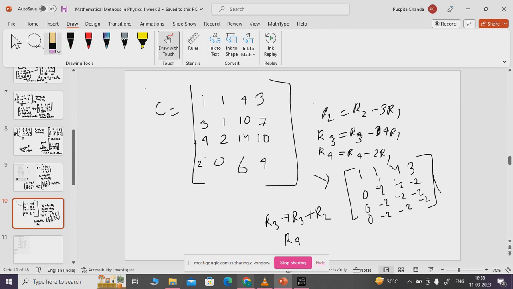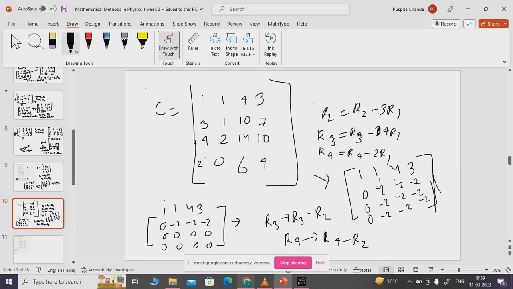And R4 will be R4 minus R2, because these 3 are the same row, so it will reduce to 1 1 4 3, 0 minus 2 minus 2 minus 2, 0 0 0 0, 0 0 0 0. So rank of C is 2.